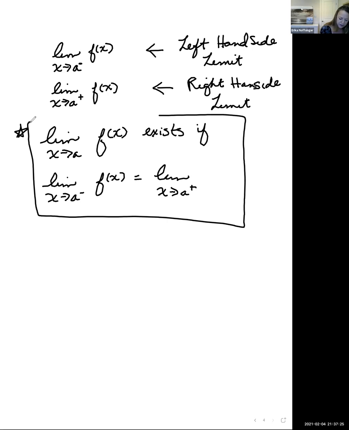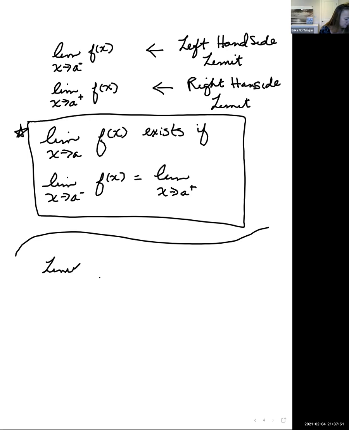Sometimes it's important to look at these left-hand side limits when we're dealing with piecewise functions. Recall, piecewise functions are functions that have multiple equations, and those equations are defined depending on the domain. So for instance, before I look at the limit, let's look at the piecewise function.